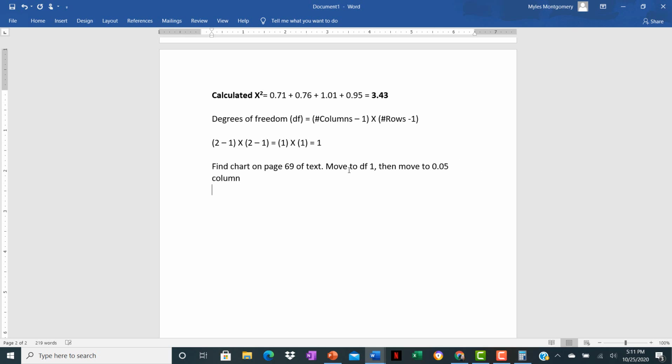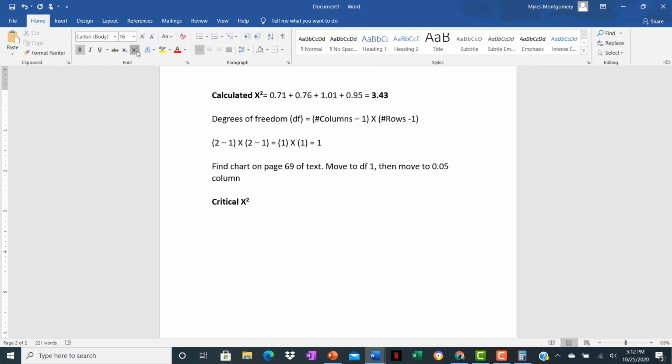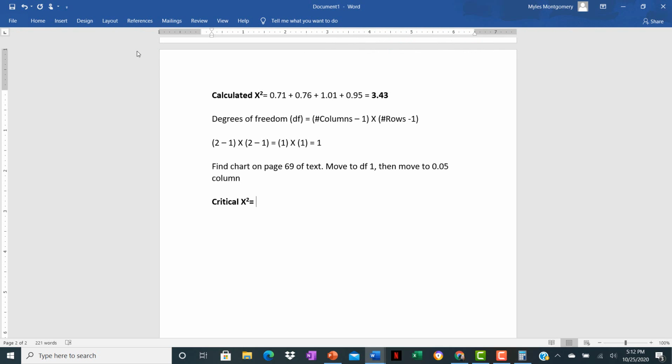The value you find there is the critical value. If we did our math calculations correctly, it's going to be 3.84.